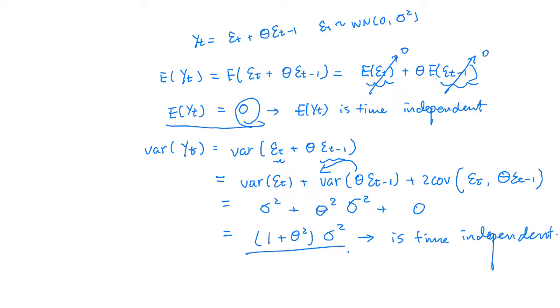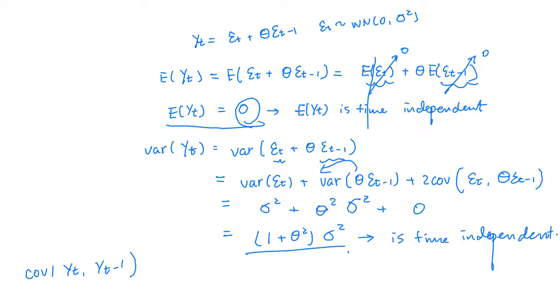Okay, now I need to figure out the next one, which is the harder one. That is the covariance between yt and yt minus 1. So how do I figure this out? The easiest way would be using the covariance definition, right?